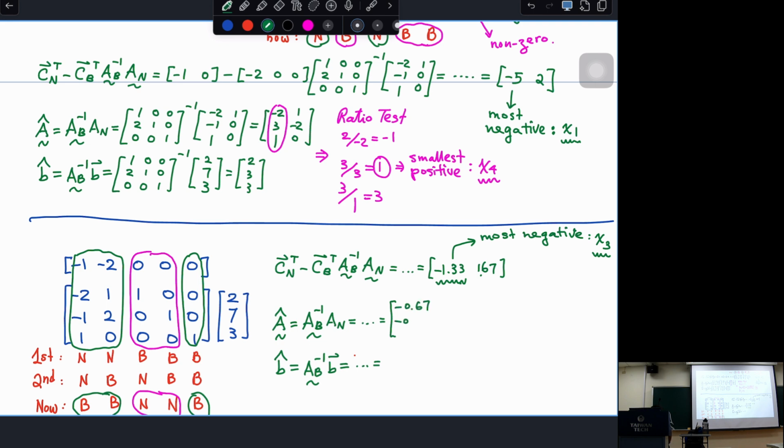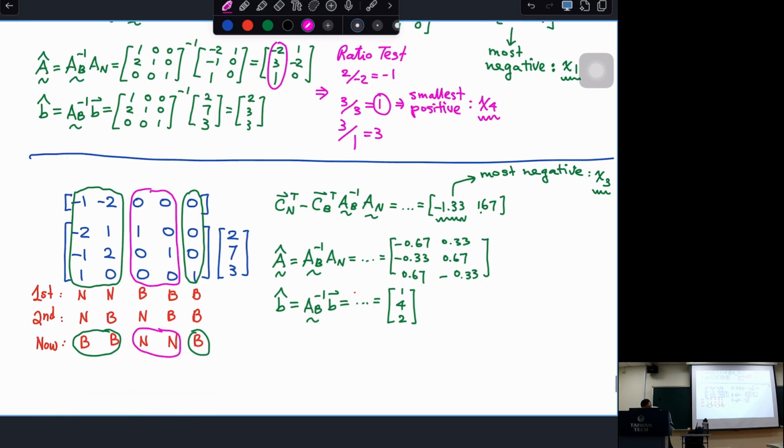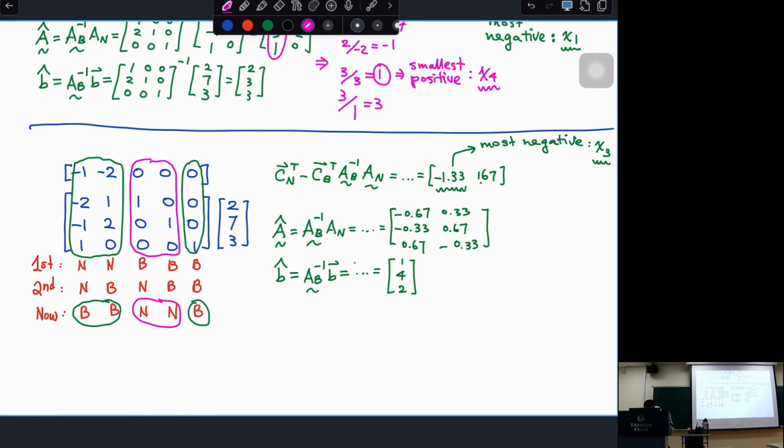Okay. One, 4, and 2. And because earlier the first component of the coefficient was chosen, here the first column is going to be used for the ratio test. So ratio test.